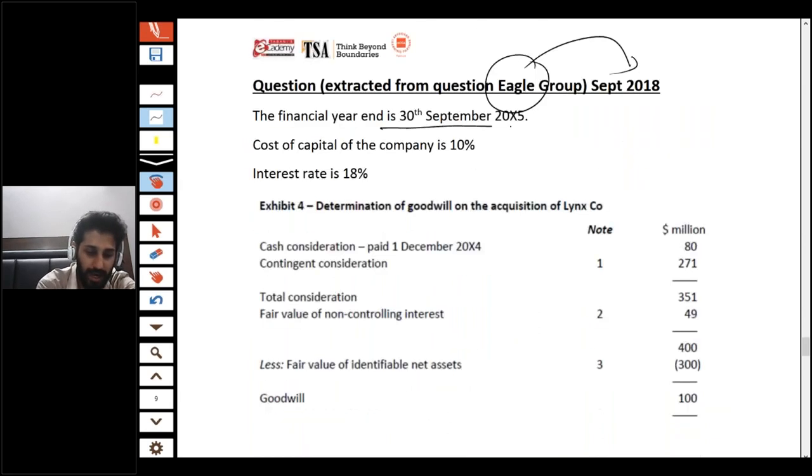First of all, the financial year end is 30th September 20X5. This is the last exercise for procedures. Then we will be turning to another topic after this question, right? So let's start with this question.